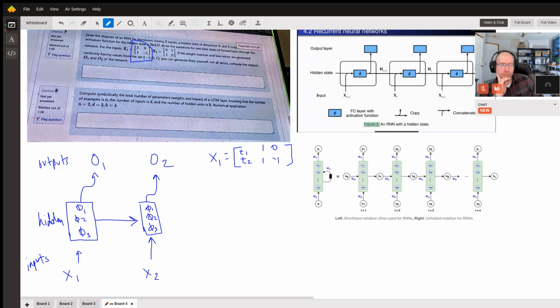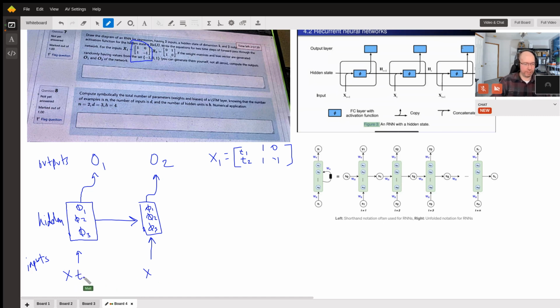Let me think about this. Yeah, you do your X inputs. Actually, let me do it this way. Let me notate this slightly differently again, because I think what they're calling X1 and X2 are 2 totally different sets of input.